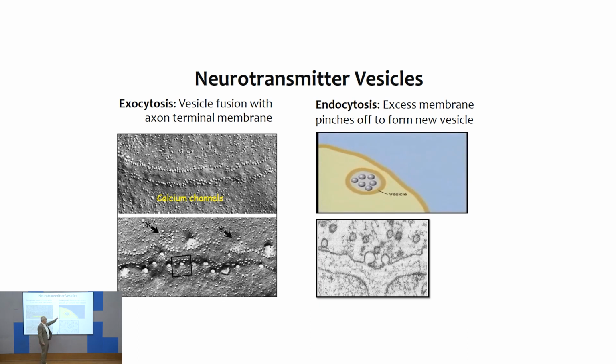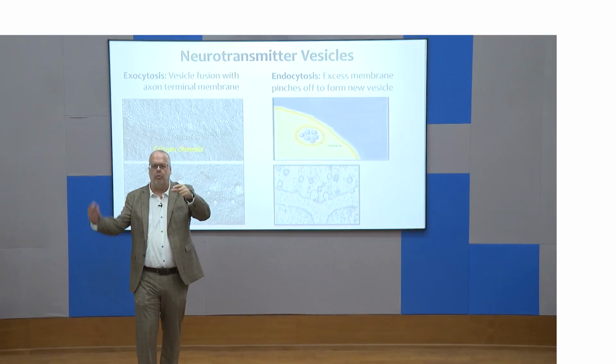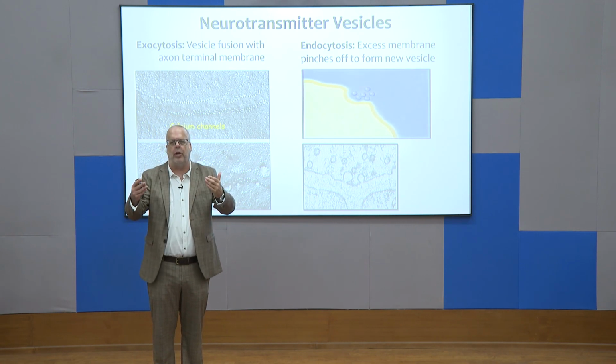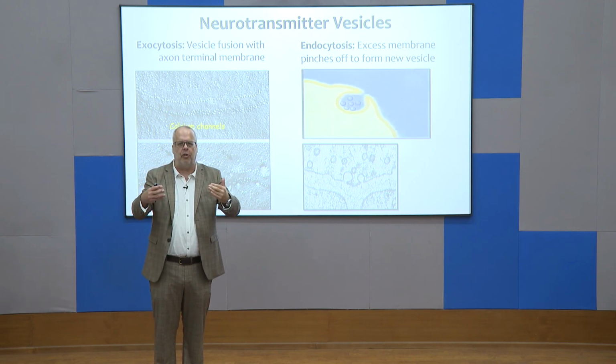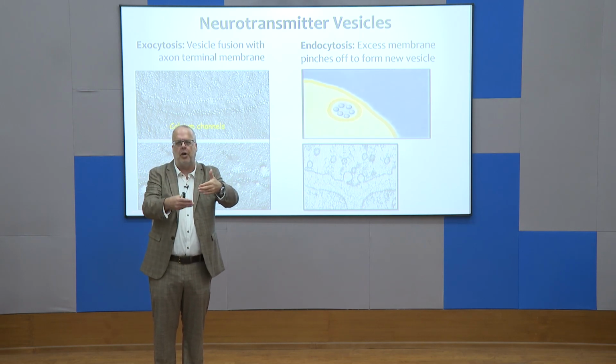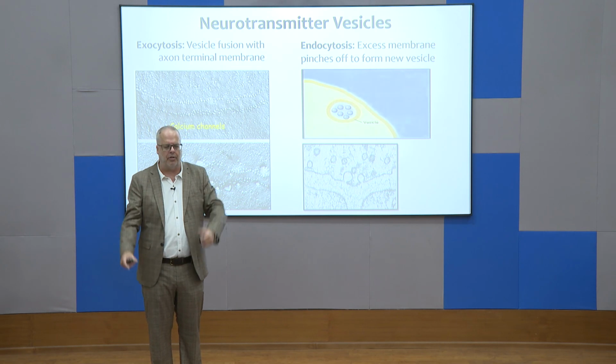So in this manner, we release our neurotransmitter and then we pinch off a new vesicle. You can see that down here in the electron microscopy image. And that new vesicle is now ready to be refilled. We can put new transmitter inside, and we repeat the process all over again when a new action potential invades the terminal, leading to calcium influx, vesicle docking, and ultimately fusion and exocytosis.